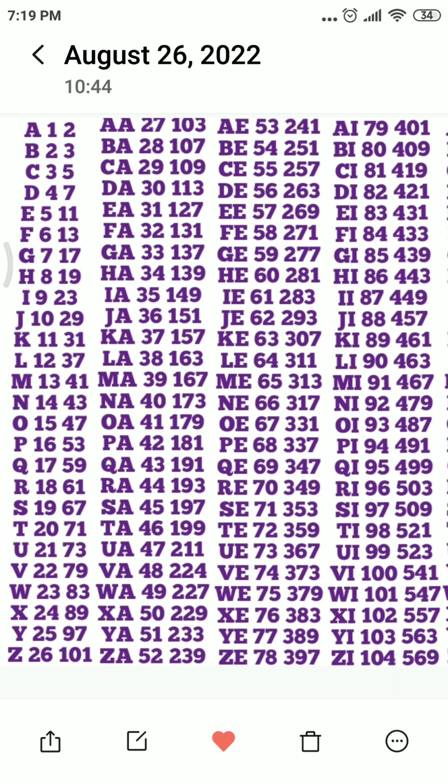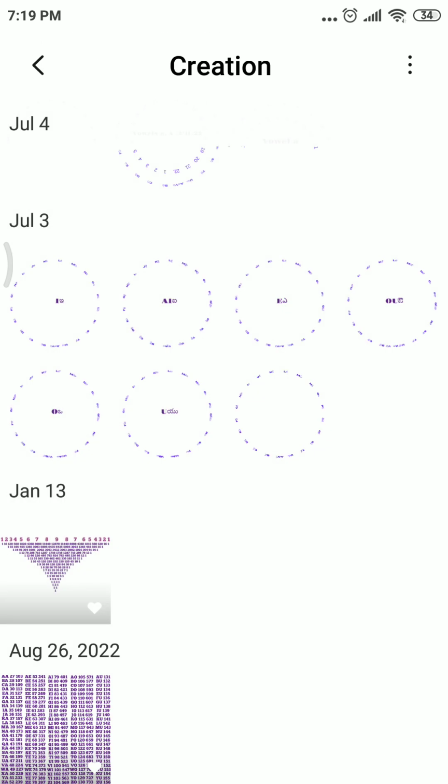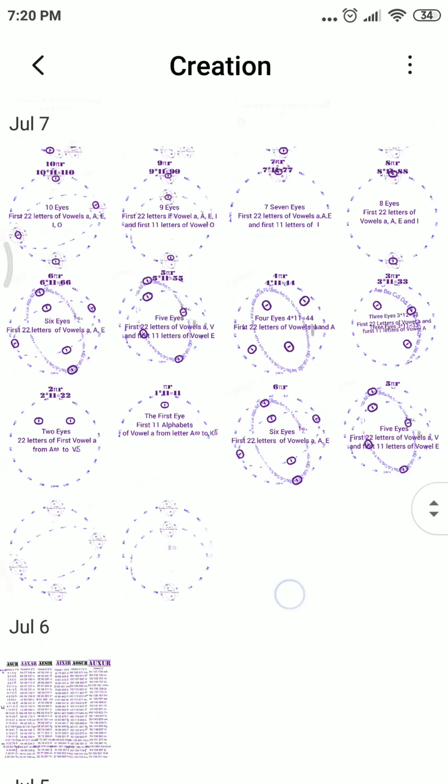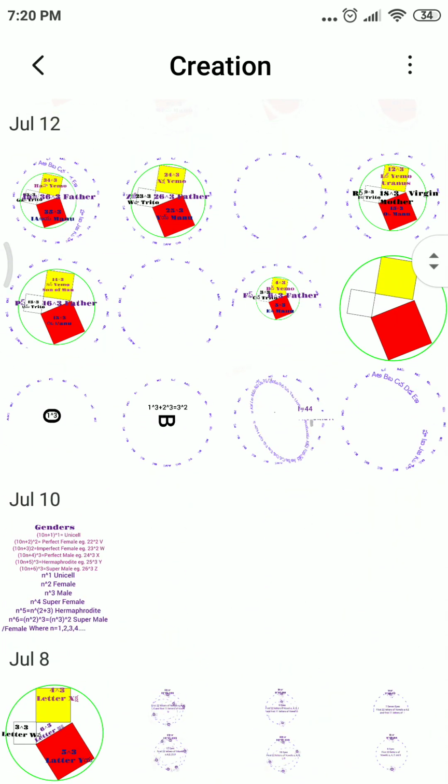Like that we will proceed and build the construction system.